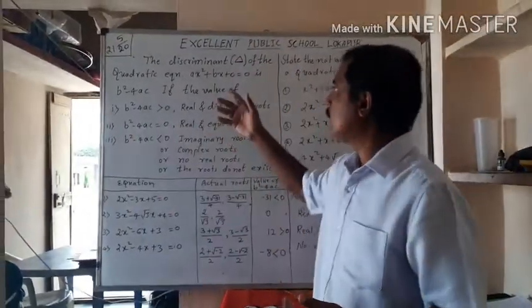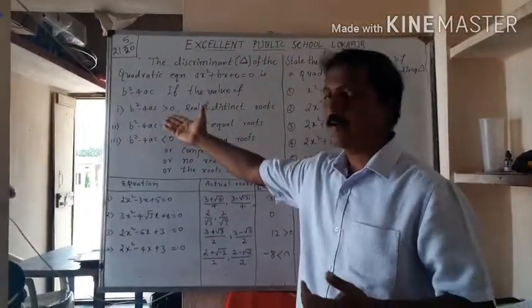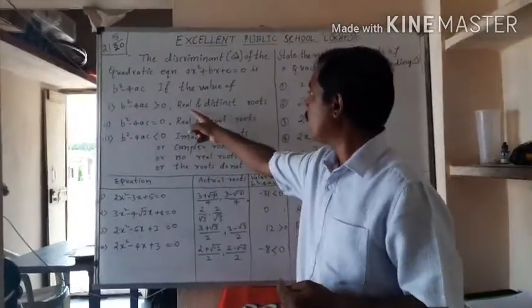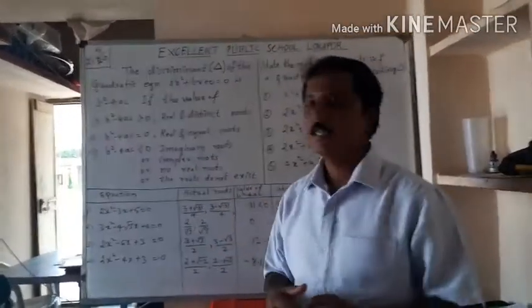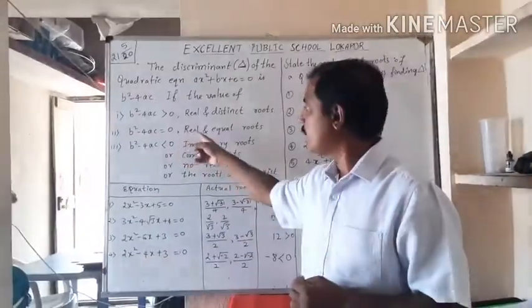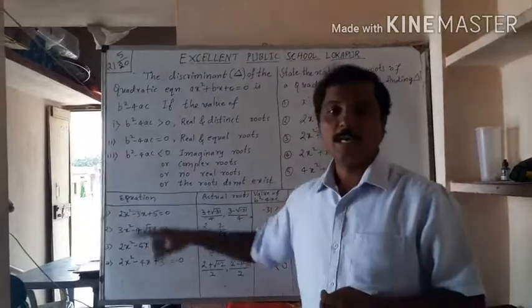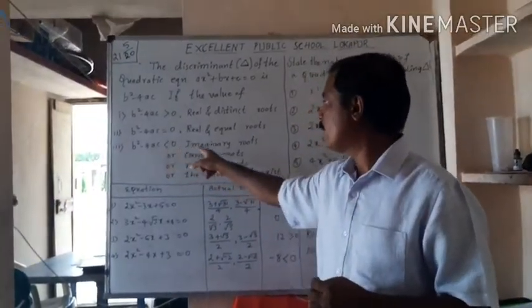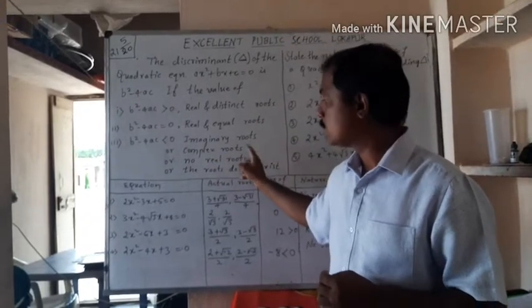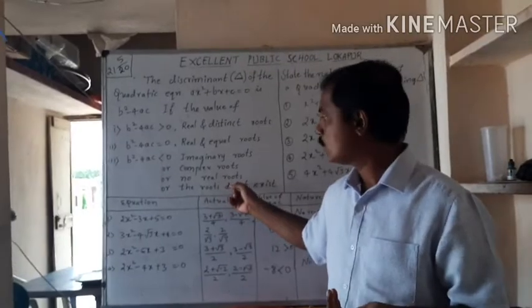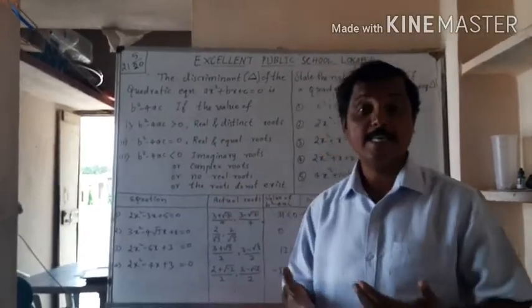If the value of this discriminant b square minus 4ac is greater than 0, then the roots are real and distinct roots. If the value of b square minus 4ac is equal to 0, then the roots are real and equal. If b square minus 4ac is less than 0, then we will get the imaginary roots or complex roots, or no real roots, or the roots do not exist.